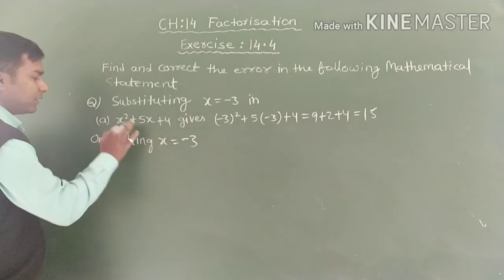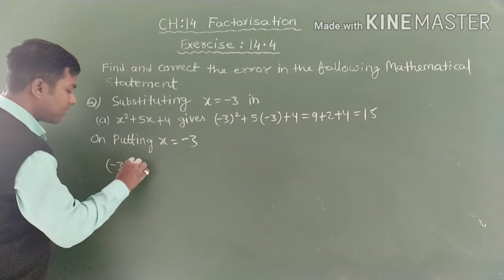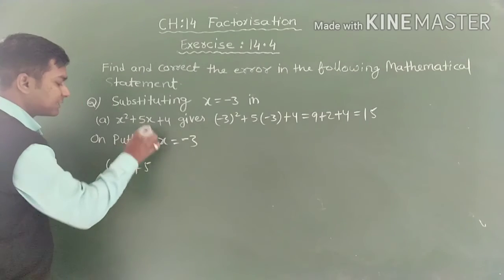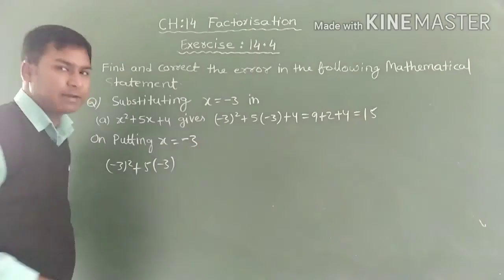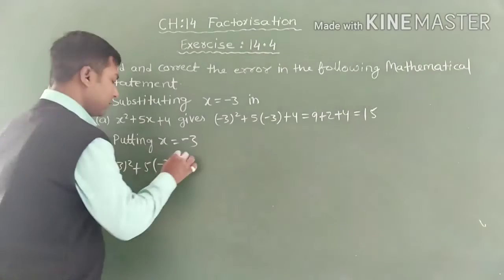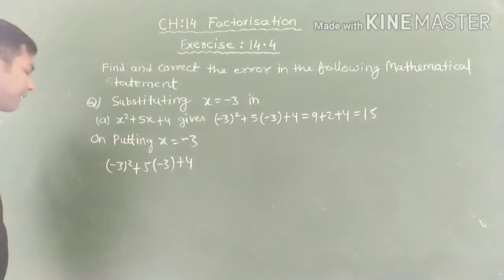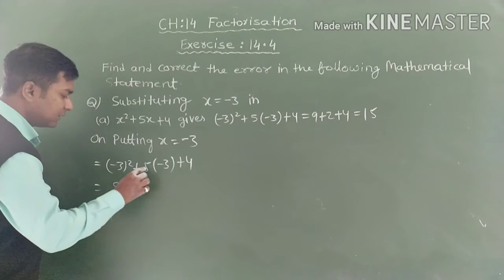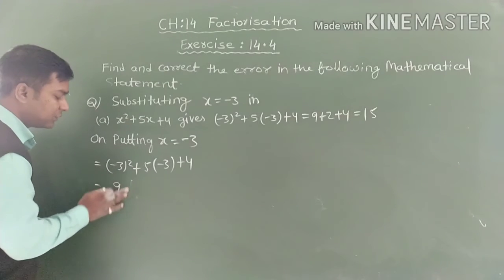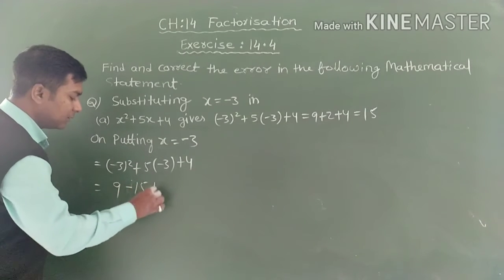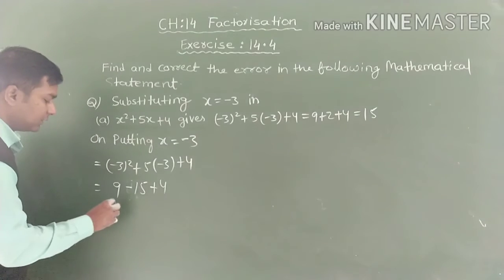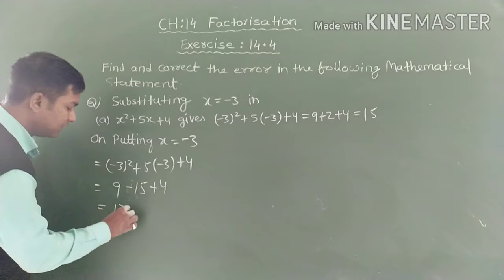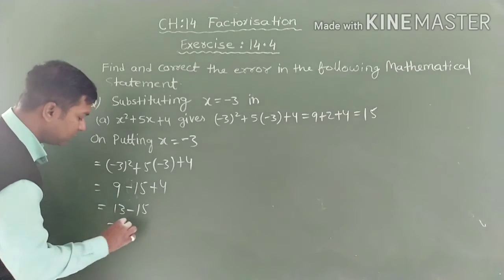X square, so minus 3 square, plus 5x. So in place of x we have to write minus 3, plus 4. Now it will be minus 3 square, that is 9, plus 5 3s are 15. So this will be minus 15 plus 4. Okay. So 9 plus 4, that is 13, minus 15. So it will be minus 2.